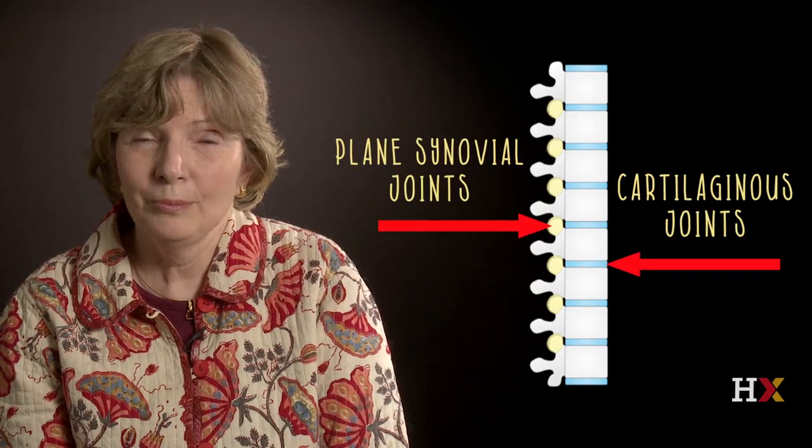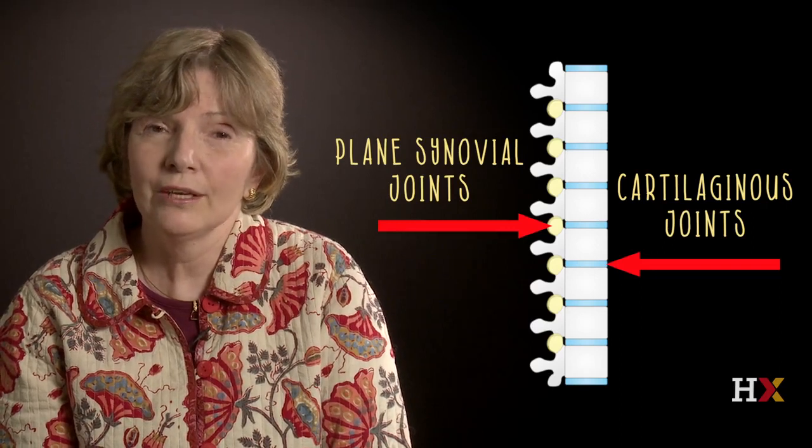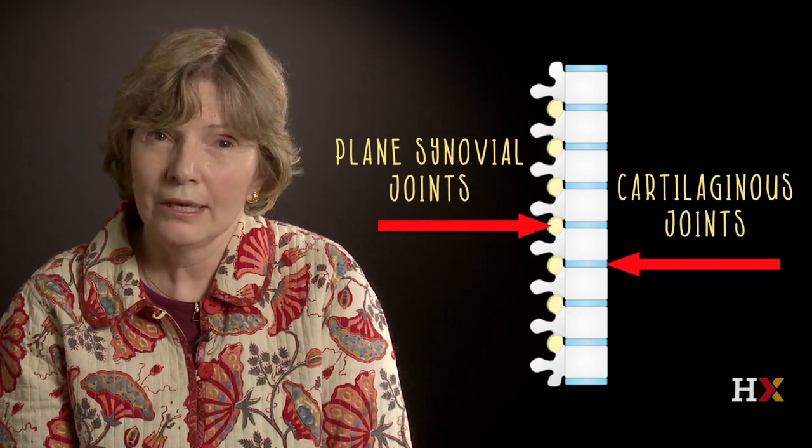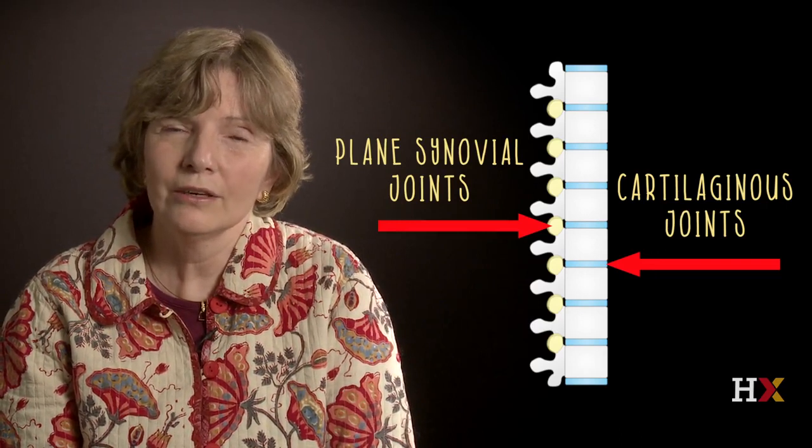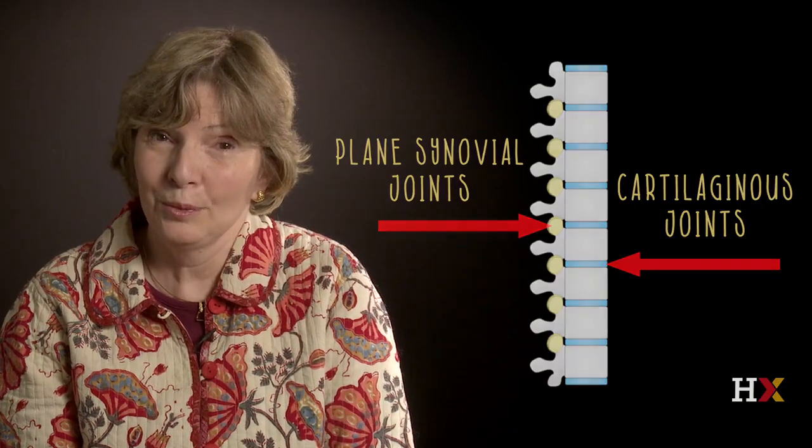And as you flex and extend your spine, not only do the intervertebral discs change their shapes, but the bones meeting at the synovial joints will slide across one another. So two sets of joints in the spine, the cartilaginous joints, the intervertebral discs uniting the bodies, and then a series of synovial joints between the articular facets on the back of the vertebrae.